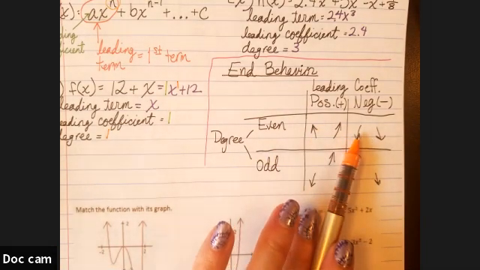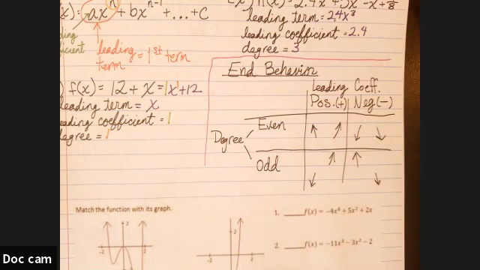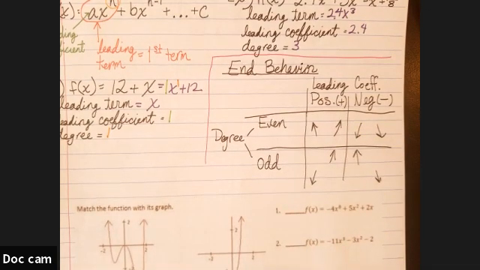Just like the parabolas of the graphs for x squared, which we covered in the previous lesson, those arrows were always pointing the same direction, and that was a degree of 2. And if the degree is an odd number, like 3, 5, 7, 9, then the arrows point opposite directions.